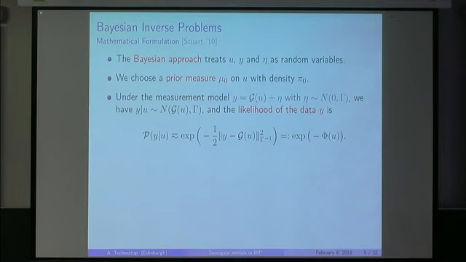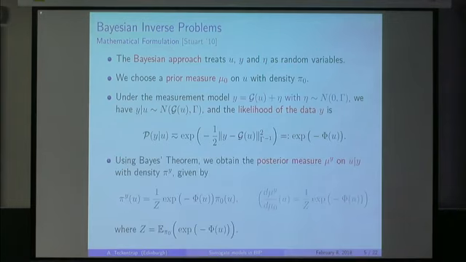Then we get our posterior measure. We're using Bayes' theorem. Here we have a probability measure on u, and here we have a probability measure on y given u. And so you can just use Bayes' theorem to get a probability measure on u given y. That is what we call the posterior measure.